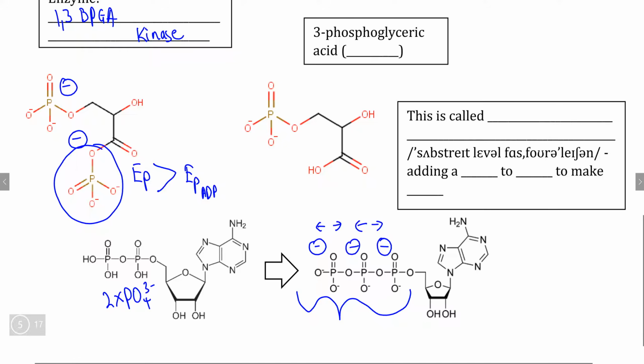Now, this phosphate here on the bottom, the one that we added from the buffer, is the more unstable of the two, and we can see that because of its location. It's close to this dipole, or this negative pole on the double-bonded oxygen here, whereas this phosphate here is close to an OH group, which does have a negative pole, but there's also a positive pole in order to stabilize this negative charge.